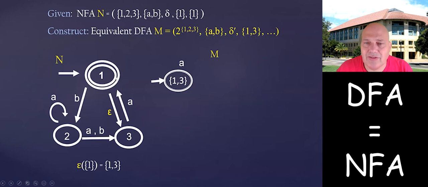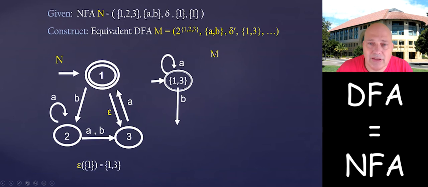So it looks like from {1, 3}, with an A transition, you can only reach 1, but we need to stop for a second and realize that the construction told us not only to find those that can be reached by reading an A, but also the epsilon closure of that. So from {1, 3}, you reach the epsilon closure of 1, which we already calculated is {1, 3}. So A from {1, 3} is a self-loop.